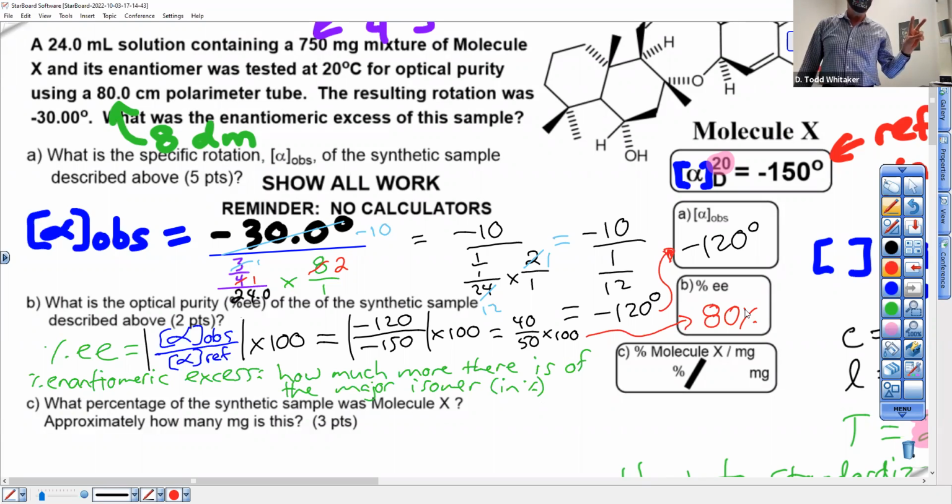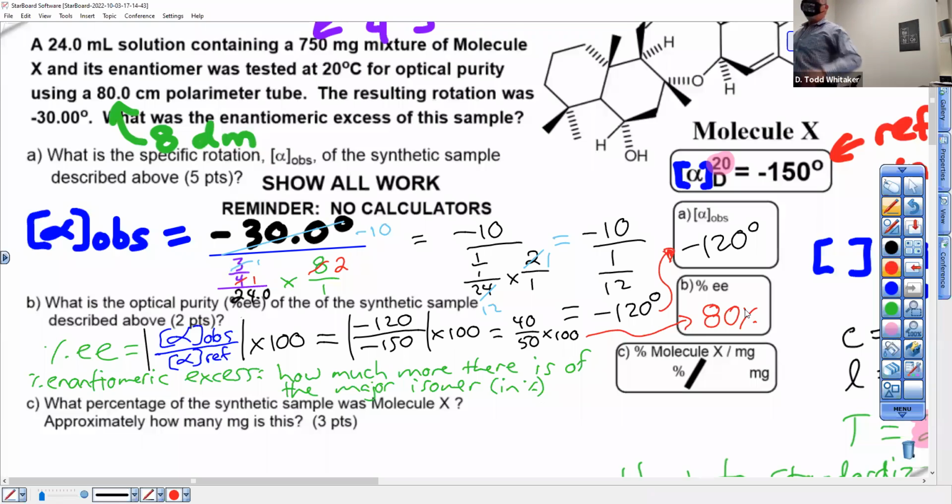There's 2 isomers. We'll call it molecule X, and it's an enantiomer. They add up to 100% of the isomers. There's only 2 molecules in it. They add up to 100%, and they subtract and give 80. I need the percent of each isomer.